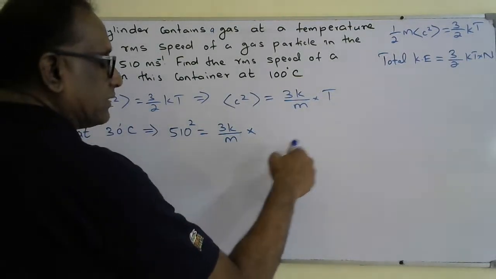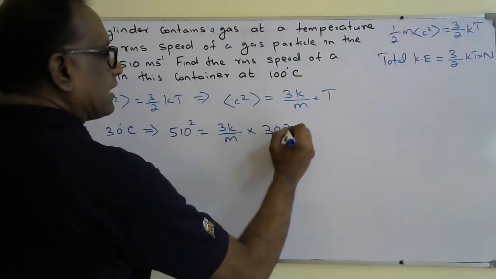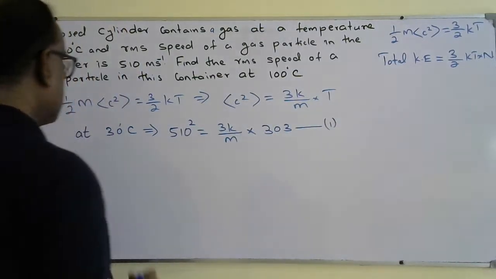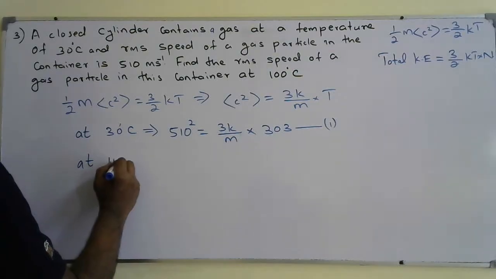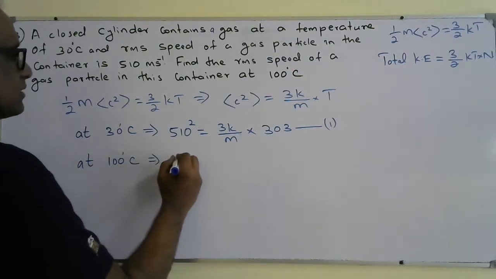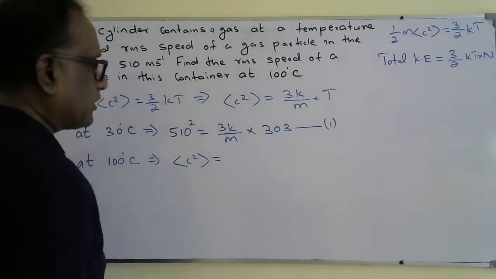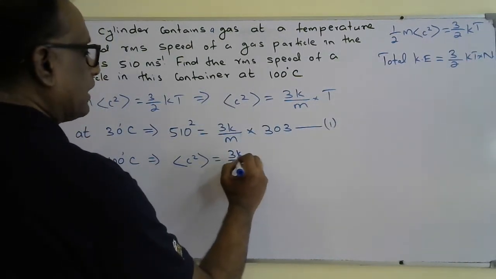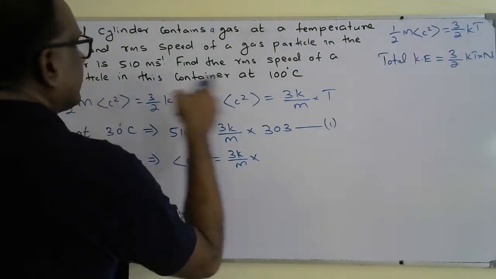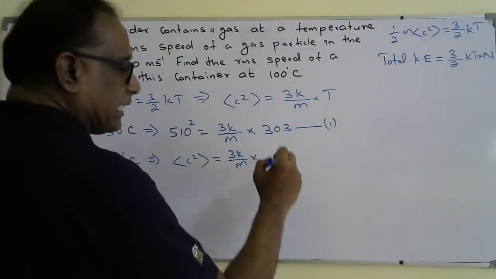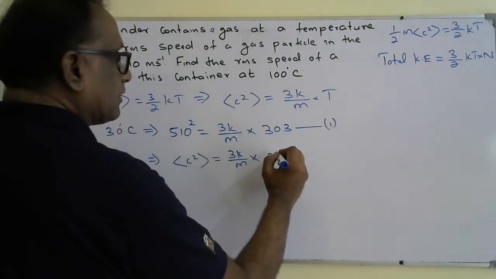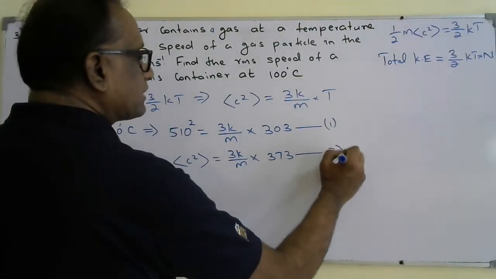So 273 plus 30, 303. Take it as first equation. So I need to find at 100 degrees Celsius, that is c squared. I'm going to find the mean square, then I'll take the square root of it, is 3k over m into 100 degrees Celsius, which means 273 plus 100, 373, second equation.